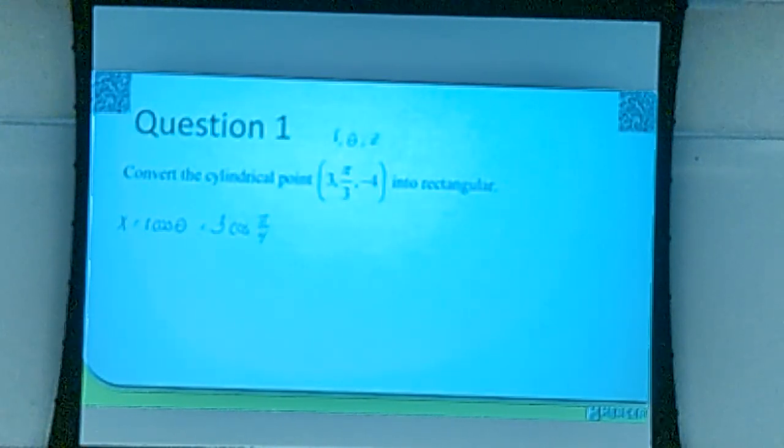X would be 3 cosine pi over 3, because I saw 4. What's cosine pi over 3? 1/2. The correct answer is 3 halves.